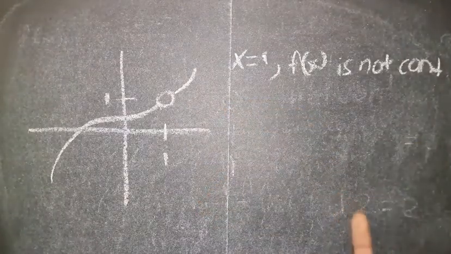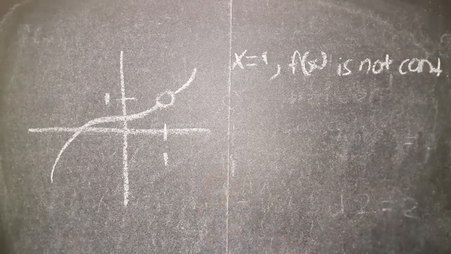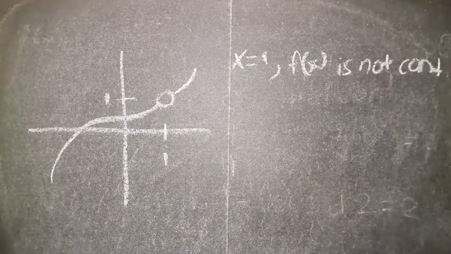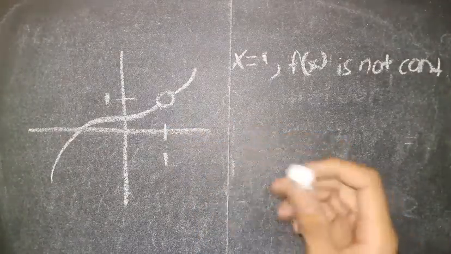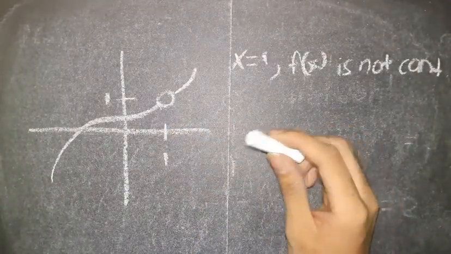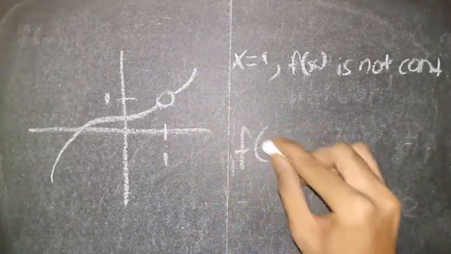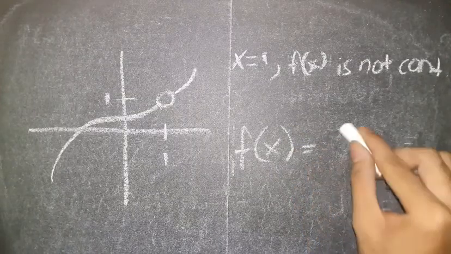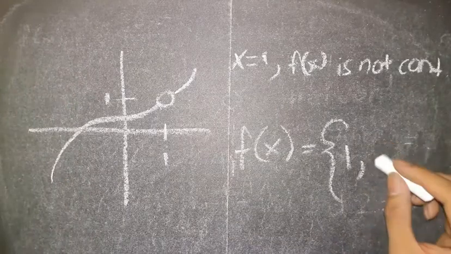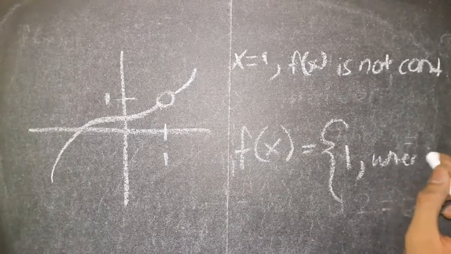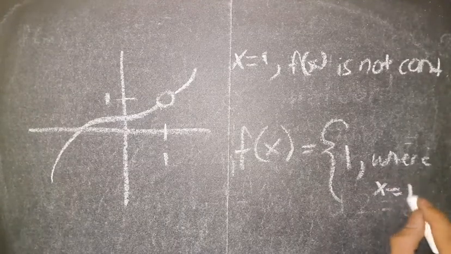But we can make this function continuous at x is equal to 1 by having the hole be a shaded point. We can do this by adding a piecewise function of f of x. f of x is 1 where x is equal to 1, in order for the function to have a point at the point of discontinuity.